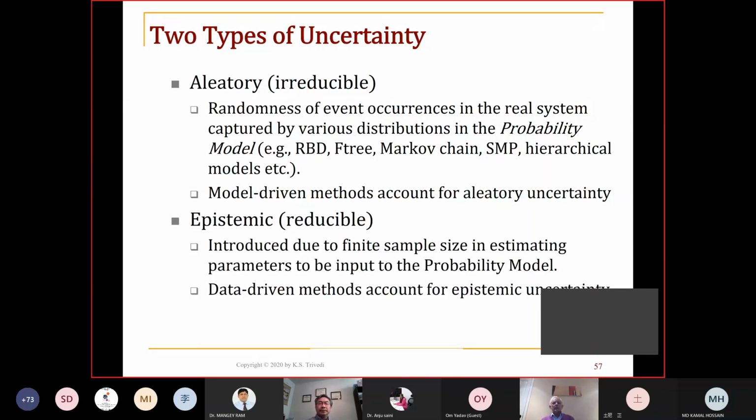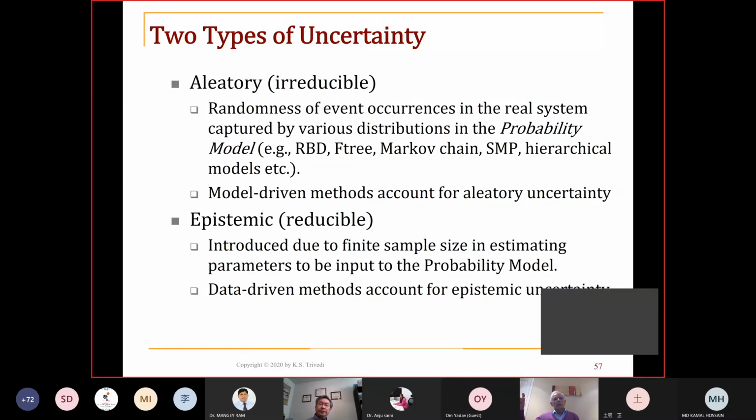But there is a second type of uncertainty, which is called epistemic uncertainty, which is introduced due to finite sample size in estimating parameters to be input to the probability model. And data-driven methods account for epistemic uncertainty in that when they do the estimate, they give you not only a point estimate, but a confidence interval.